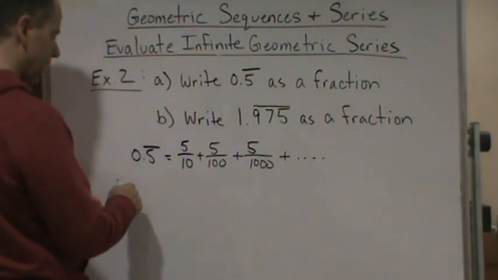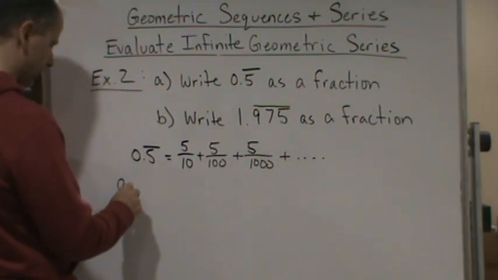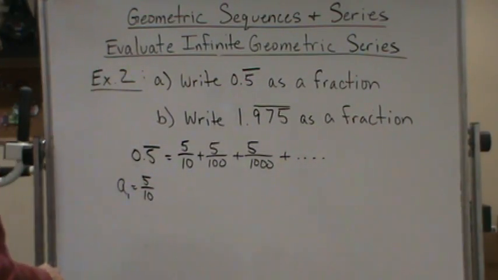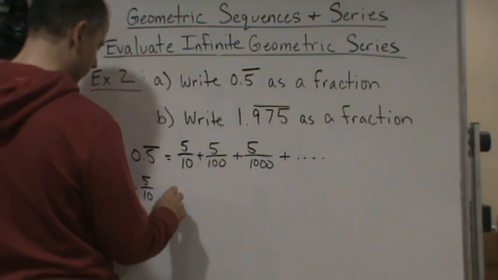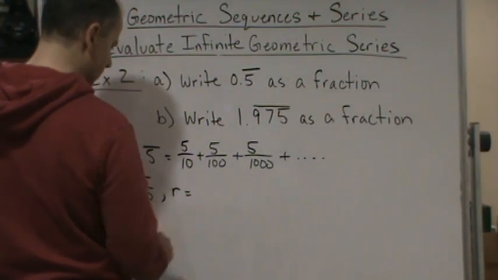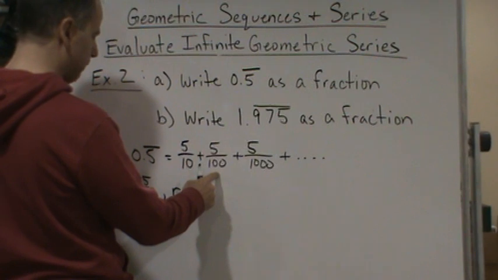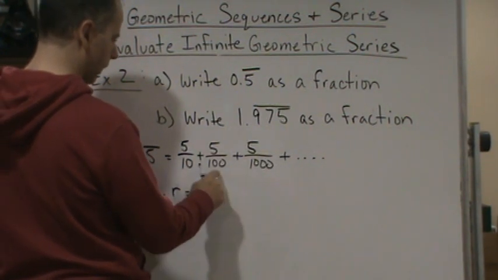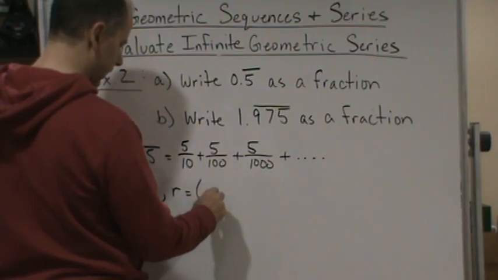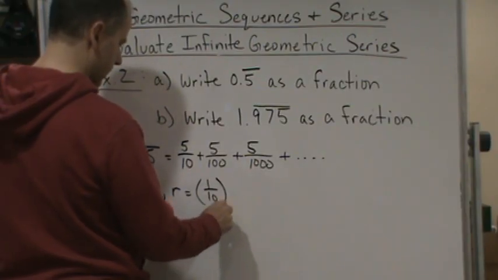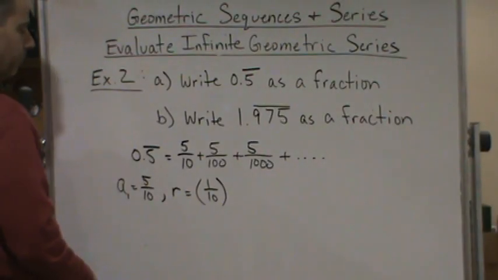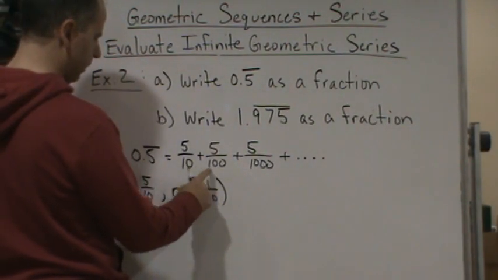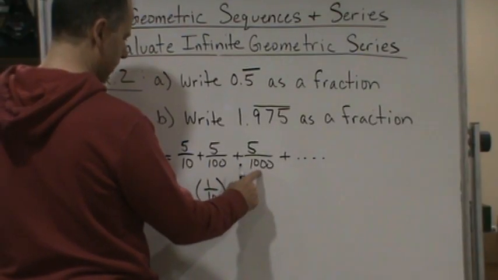So in this case here, we know that the first term is 5/10. And R is equal to what? Well, you're just multiplying by 1/10, right? You're just dividing by 10, if you will. So R here is just 1/10, because you go from a tenth here, 100th, 1,000th.